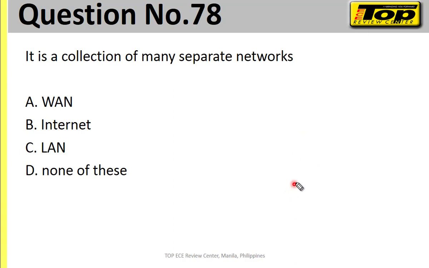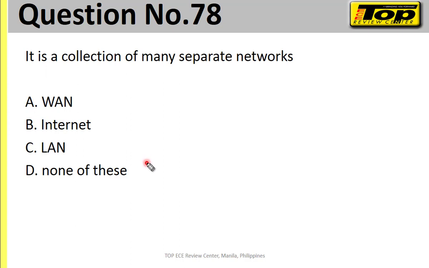Next question, number 78. It is a collection of many separate networks. When you say collection of many separate networks, of course, that is not local. And there is an answer, it's not none of these. Okay? So what is it? Wide area network or internet? Now, when we speak about wide area network, it doesn't talk about the number of networks.